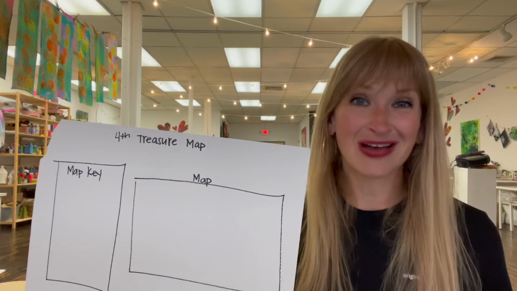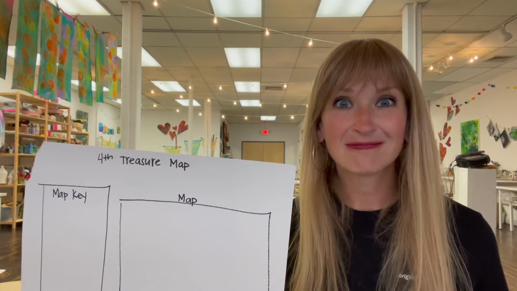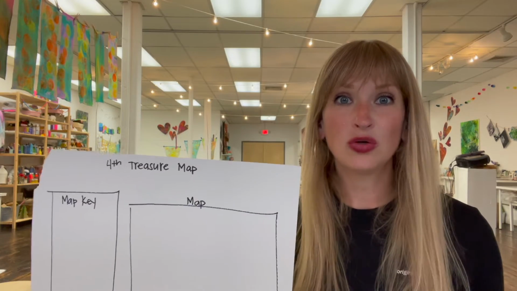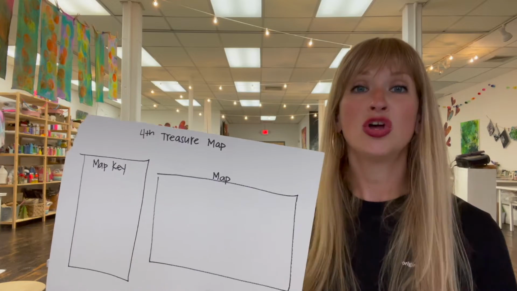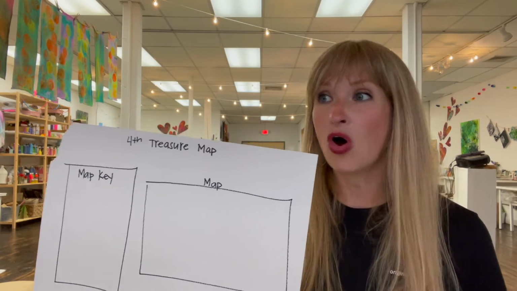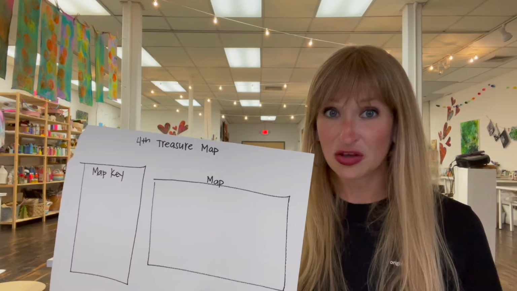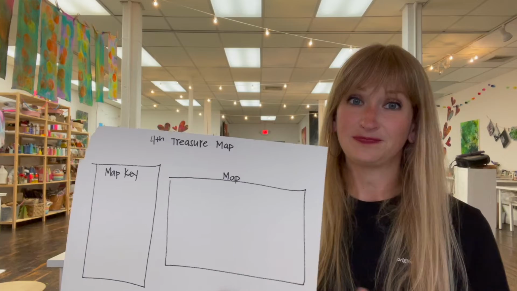Whatever you were doing, all of a sudden you find a treasure. You know you want to get back to this exact location so you can find your treasure. So as you're leaving, you take a mental note of all of the different landforms that you pass on your way out so that you know how to get back there.